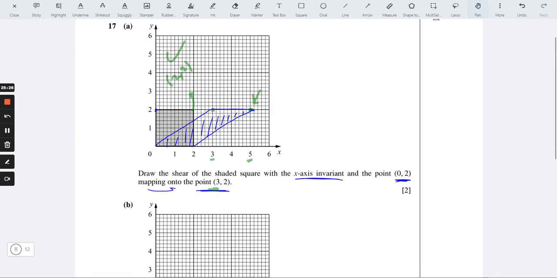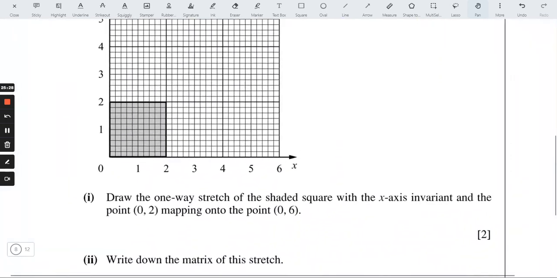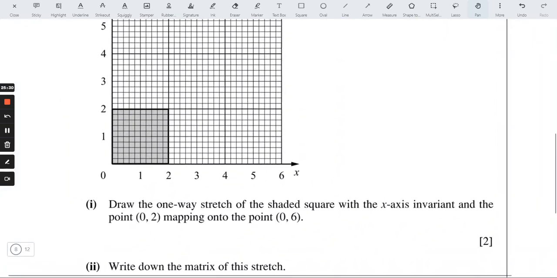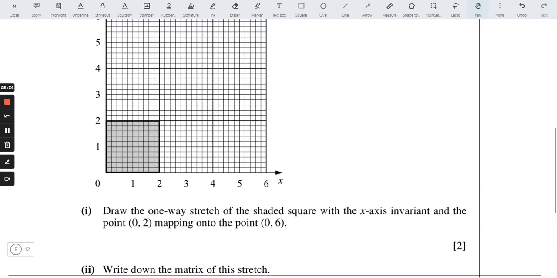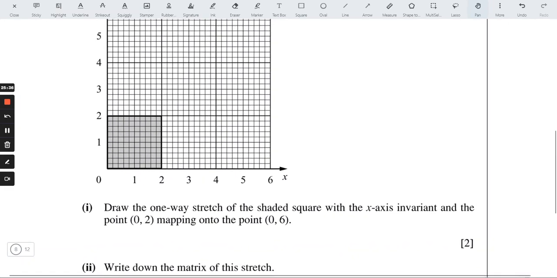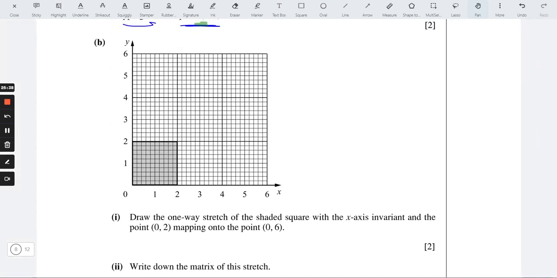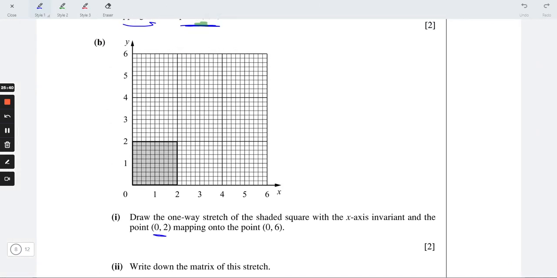Okay, question 17 B. Now draw the one-way stretch of the shaded square with the x-axis invariant, and the point 0, 2 mapping into the point 0, 6. So 0, 2 here is mapped to 0 on the x-axis and 6 on the y-axis, so the point will be here.